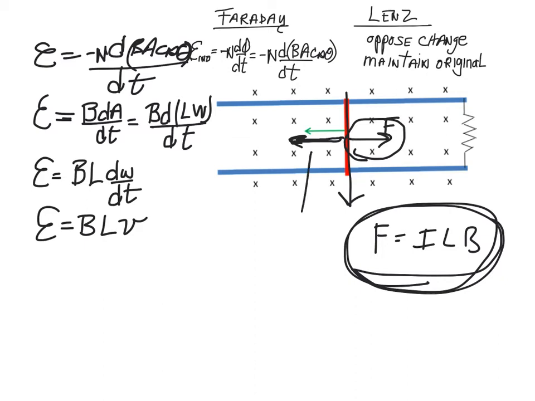So you need an applied force, which is equal and opposite to the magnetic force on the wire, in order to make it slide at a constant speed. And so that's all the physics that you're going to have to use when you do this problem. I think the rest of it is just getting the numbers right, and I think you can do that.